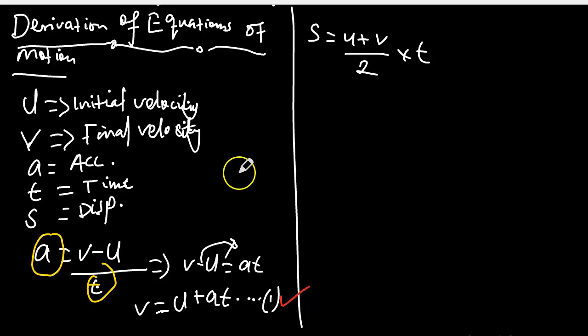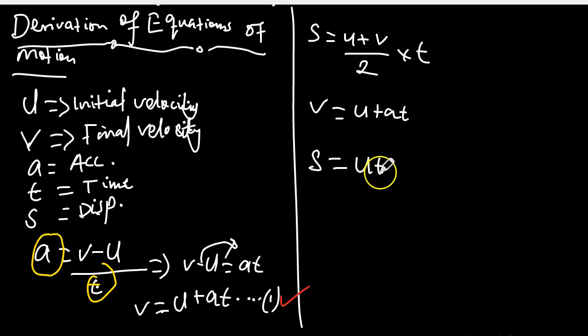Now I will substitute equation 1, which is v equal to u plus at. Where you see v, you simply put this equation 1. So I will have s is simply going to be ut, because we have t here, plus a half at squared. So this is the second equation of motion.